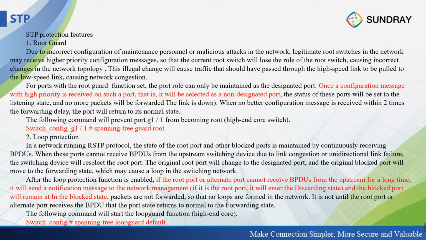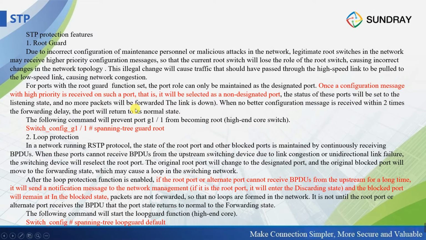Our network would need to be changed, and some ports on our core switch may be blocked by this topology change. So we need to protect our core switch to always be the root. That's why we configure root guard.